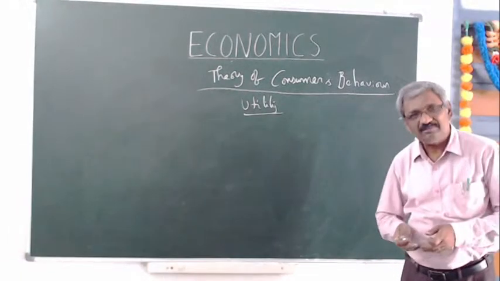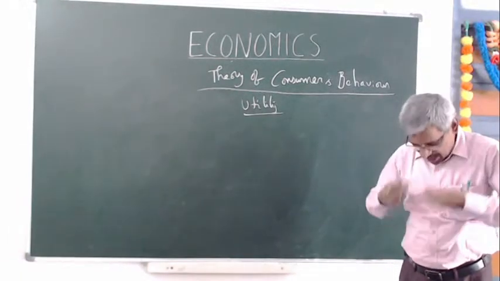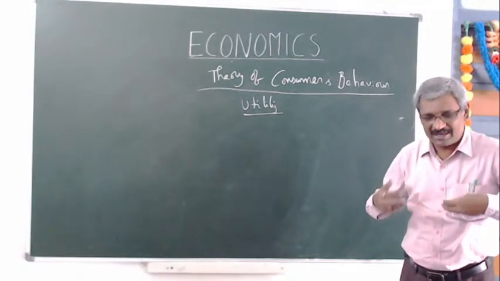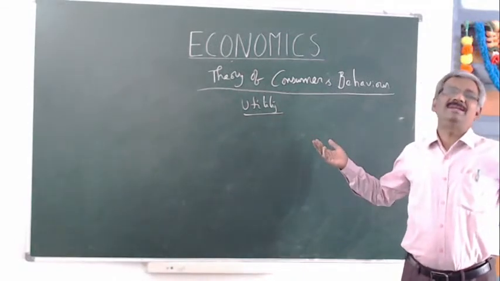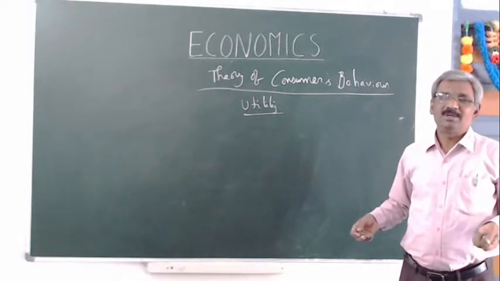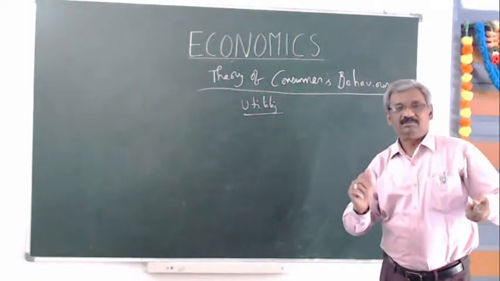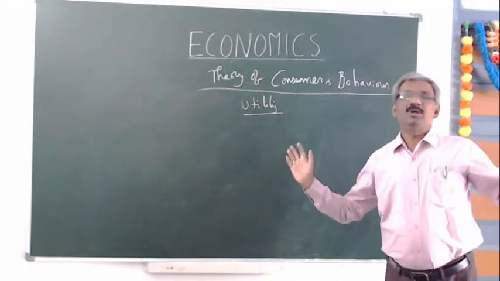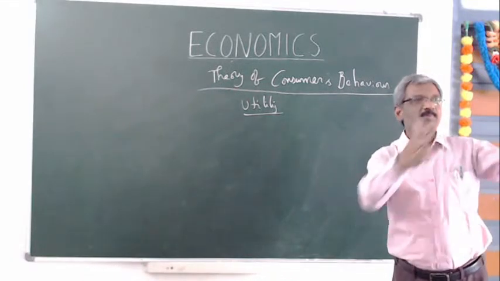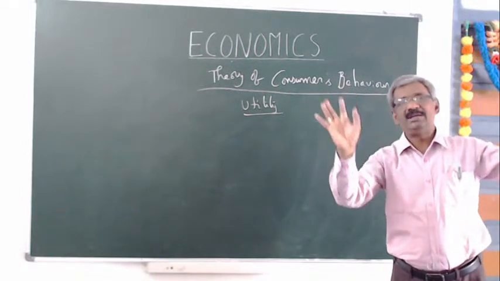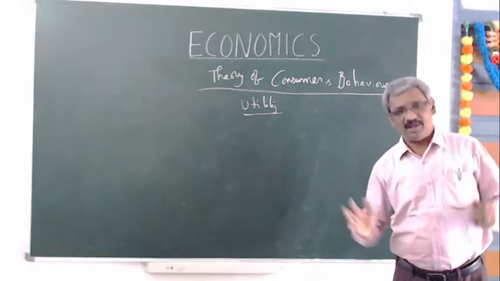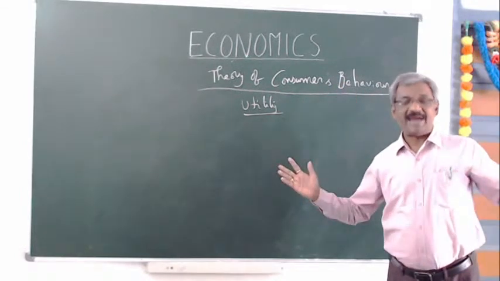What is satisfaction? Suppose I eat chicken or mutton, my satisfaction is more. Some people are drinking at a shop, and that is their satisfaction. Some people watch a Chiranjeevi or Mahesh Babu picture, and that is their satisfaction.